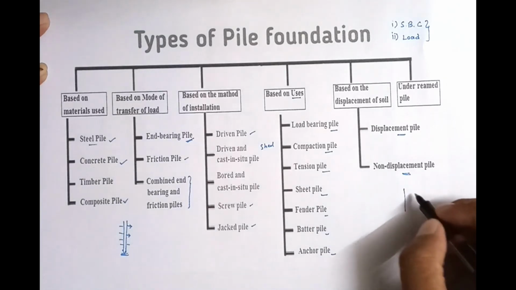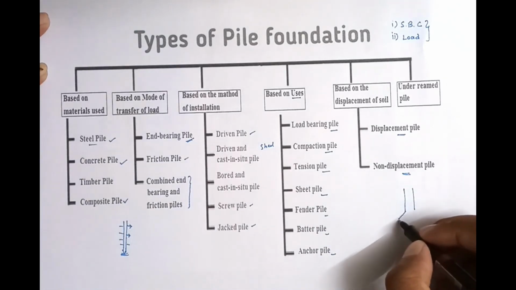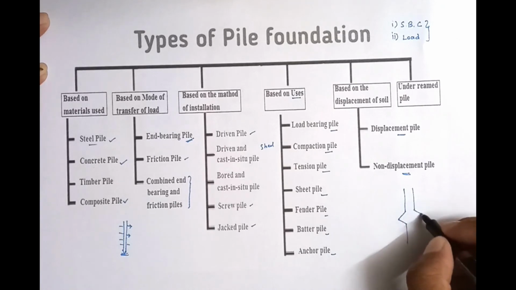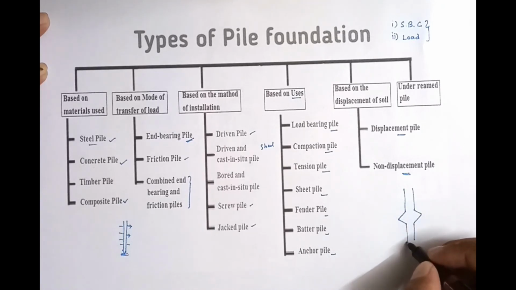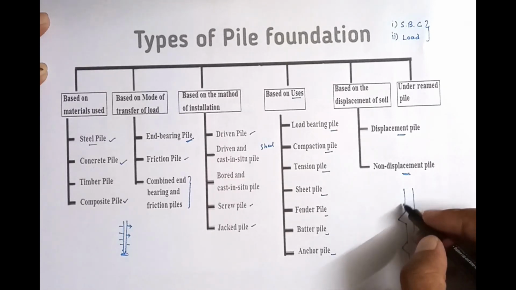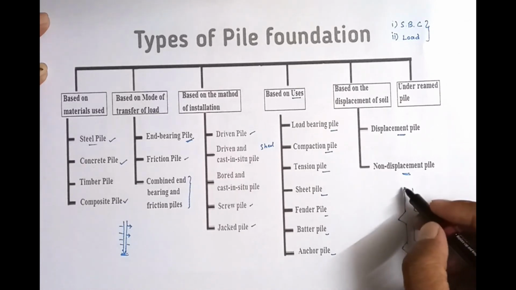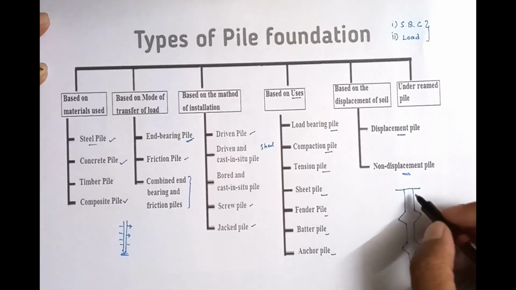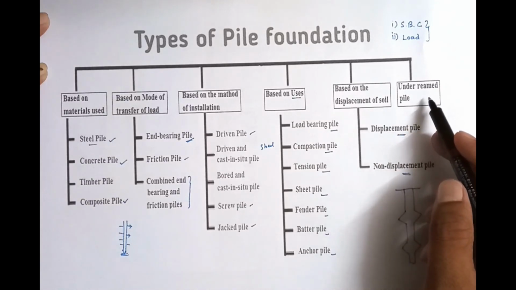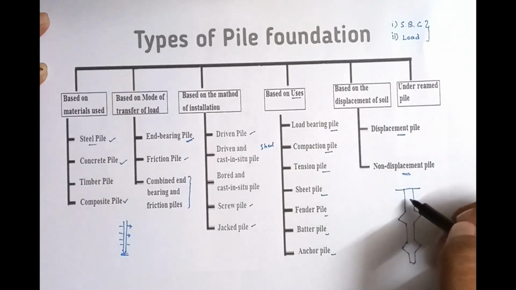Under-reamed piles have one or more bulbs on the inside surface. These bulbs prevent the lateral movements and the up and down movements of the piles. That is called an under-reamed pile. We have equipment called an under-reamer to make this pile.